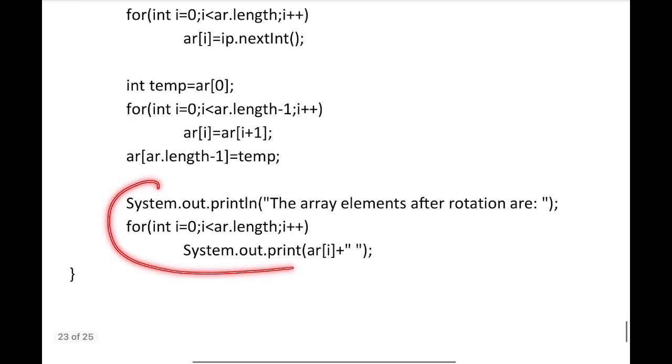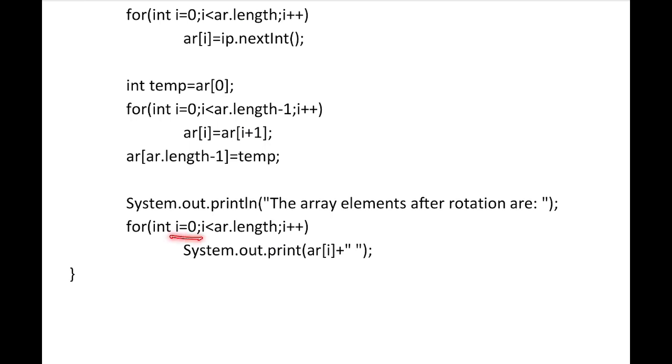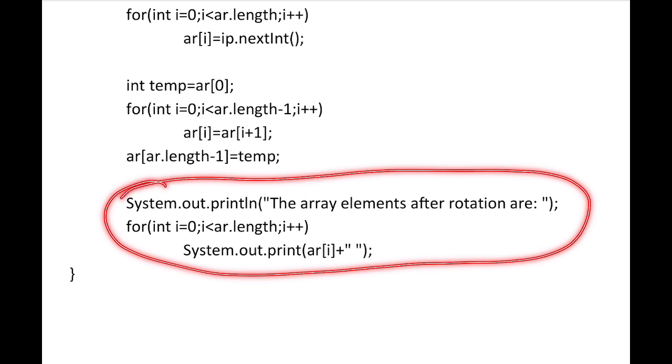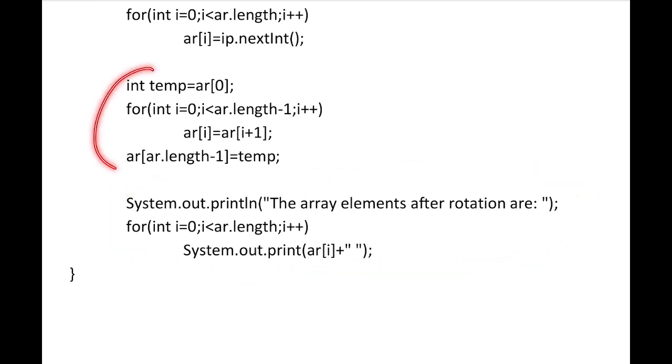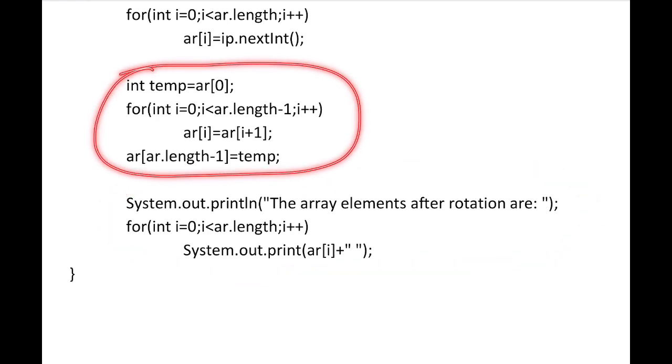Now we are printing the array elements after rotation, that is we are taking one variable I equal to 0, I less than ar dot length, I plus plus, just simply print ar of I. So this part is for displaying the array elements, and this part is for shifting one position.